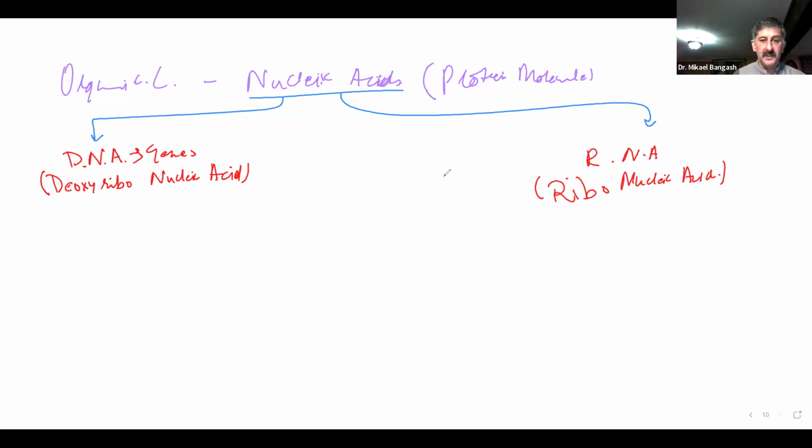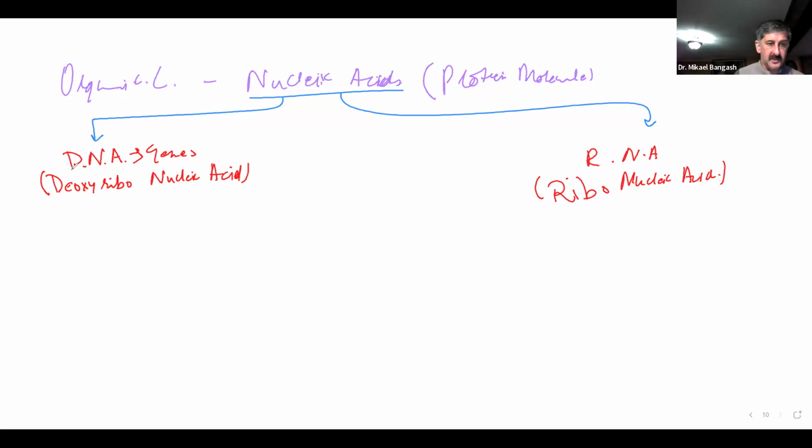The difference between these two we will talk about in the next chapter when we talk about the genes, or genetic matter.